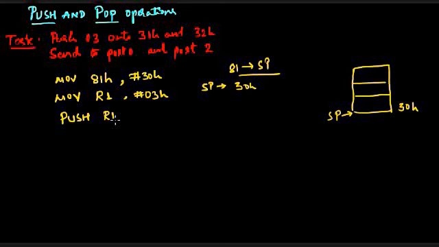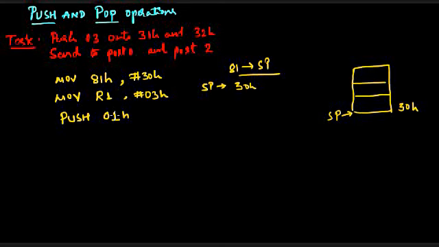Is it R1 of bank 0 or bank 1 or bank 2 or bank 3? It doesn't know. So with push operation, I need to use direct memory addressing. That means I have to use push 01H. Now this means I'm pointing to R1 of bank 0.